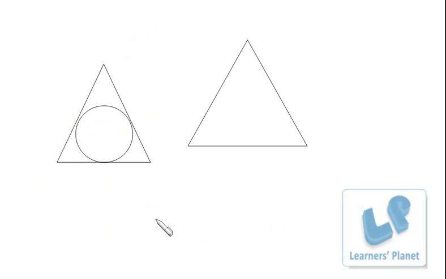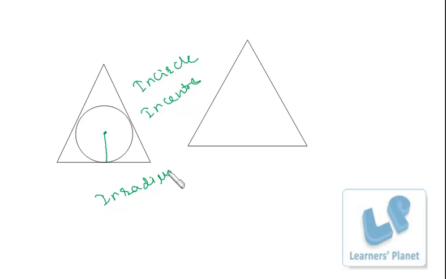Next is the incircle. This is when the circle is inside the triangle. All 3 sides of the triangle work as tangents of the circle. So this is an incircle. The center is the incenter and the radius is the inradius.